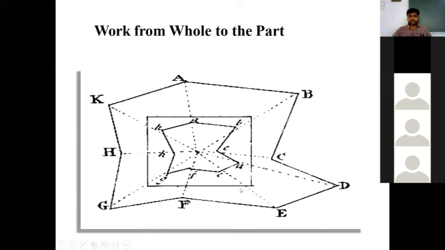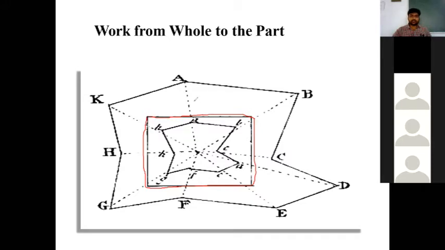In the last class, I was talking about the plane table, how we're going to work it out on the field. Say this is your plane table, which I kept at the center of the field area. On the plane table, you're going to have a drawing sheet.